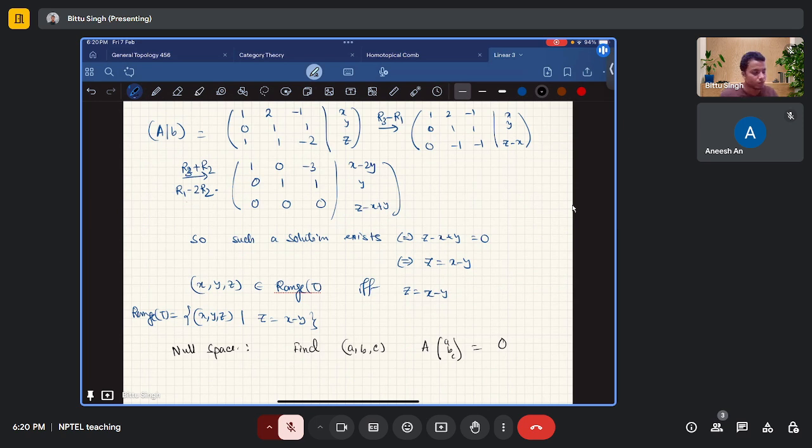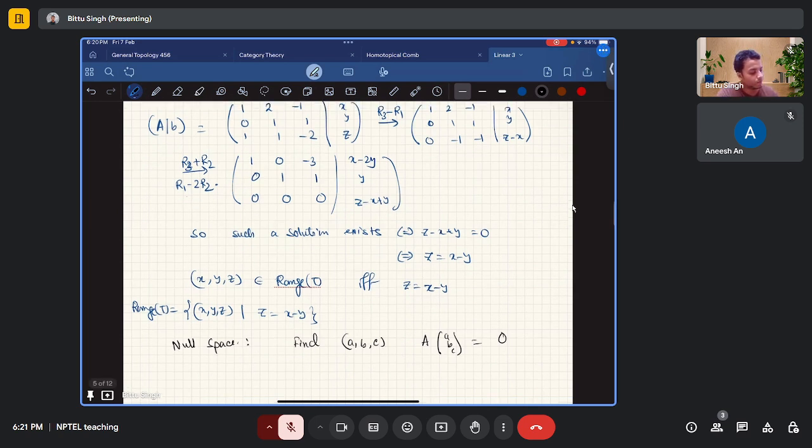So null space means it is equivalent to solving 1 0 minus 3, 0 1 1, 0 0 0 times this a, b, c equal to 0.